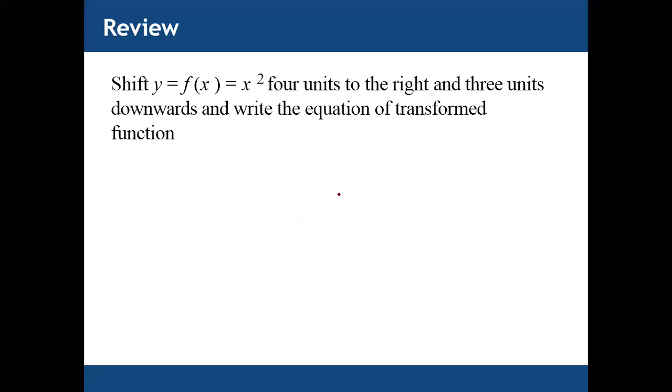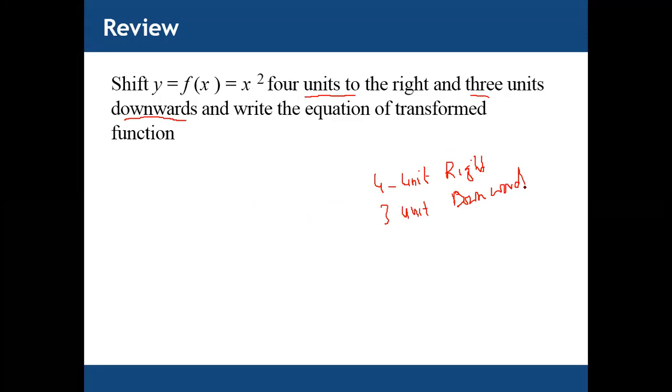Next one. We have y equals f of x equals x square, and we want to shift this 4 units to the right side and 3 units downward. What will be the new function? I think it is x minus 4 all to the power of 2 minus 3. Excellent.